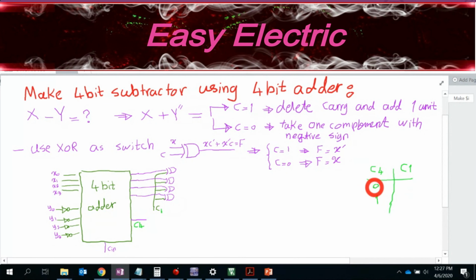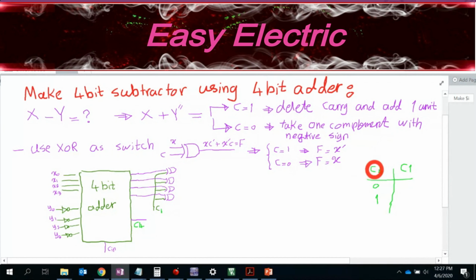Whenever C4 is 0, what should we have for C1? Whenever C4 is 0, this is this case, right? You need to take the first complement, or one complement. So how could I take the first complement?